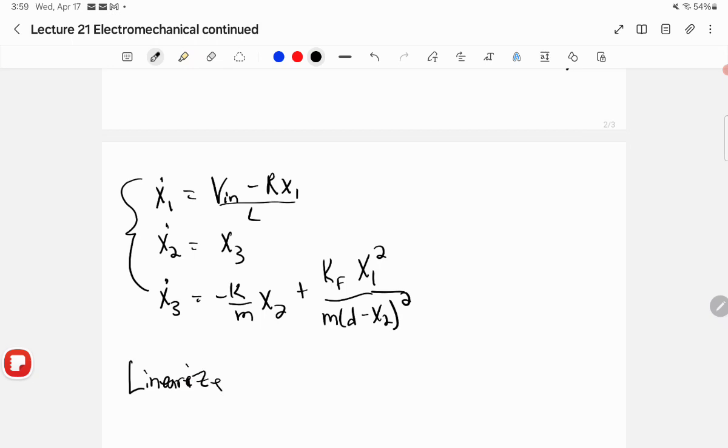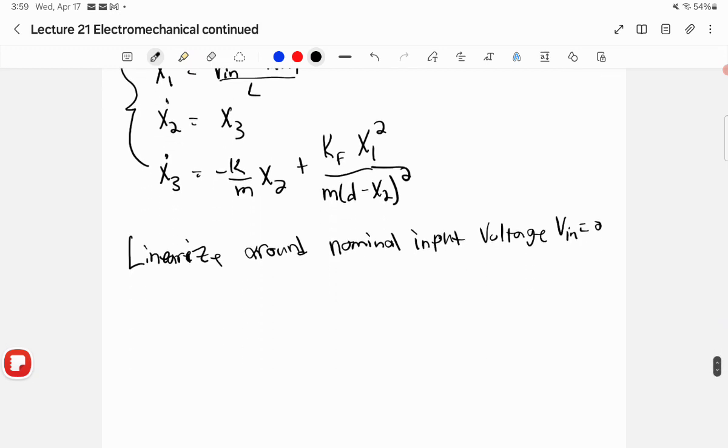But how I'm going to make it simple is I'm going to linearize around a nominal input voltage Vn equal to 0, so with no input voltage. Now, obviously, that's going to make things pretty simple here, and we'll see that in a minute.